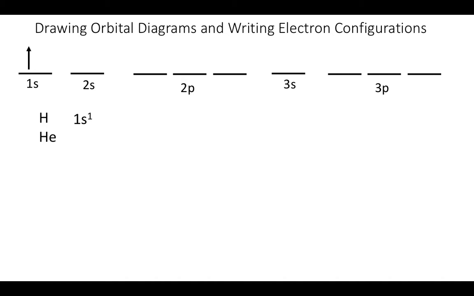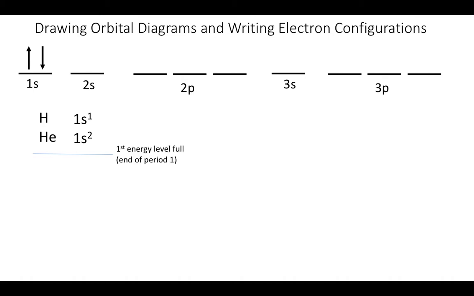When we move on to helium, helium has an additional electron. That additional electron is going to be paired in the 1s orbital with an opposite spin according to Pauli's exclusion principle. And so now we have 2 electrons in the 1s orbital. So the electron configuration for helium is 1s2.